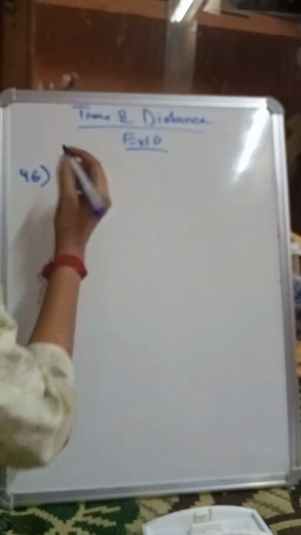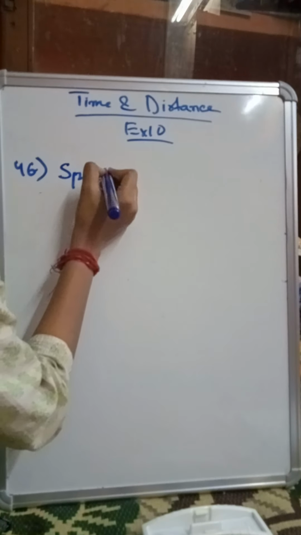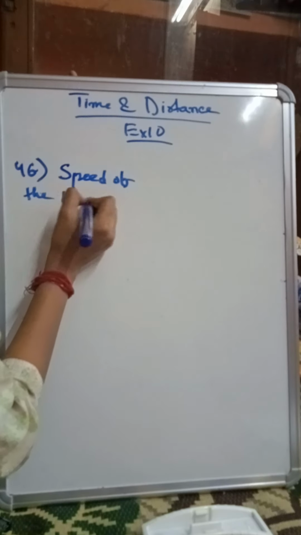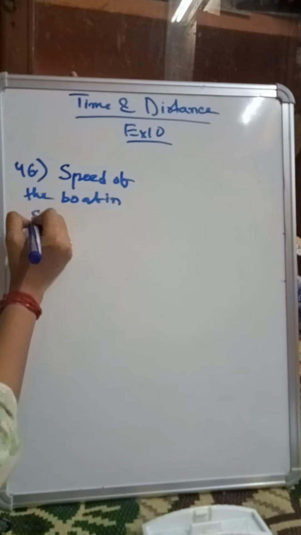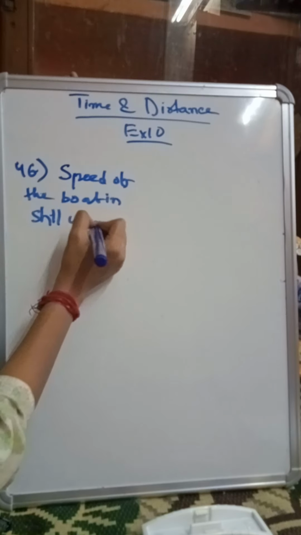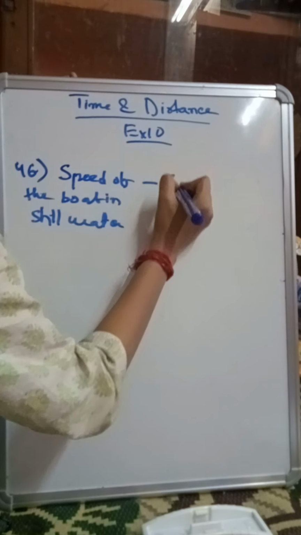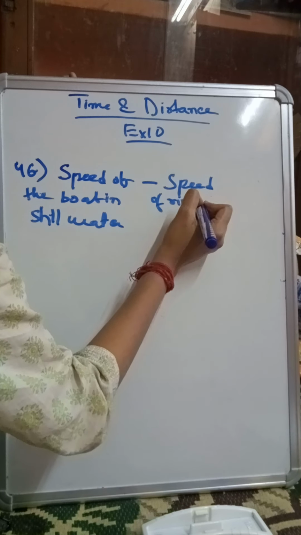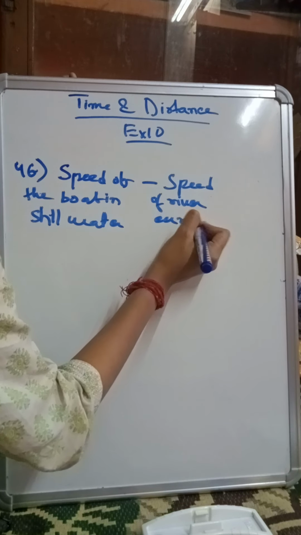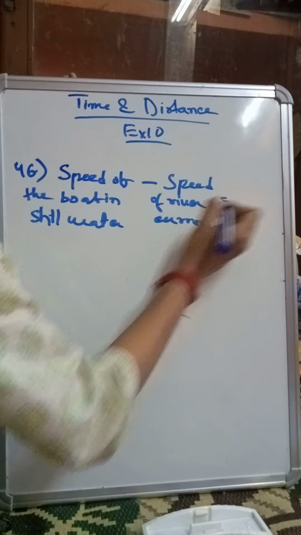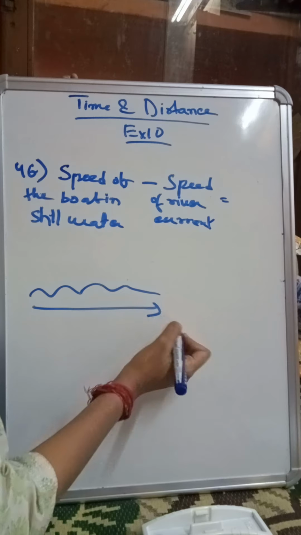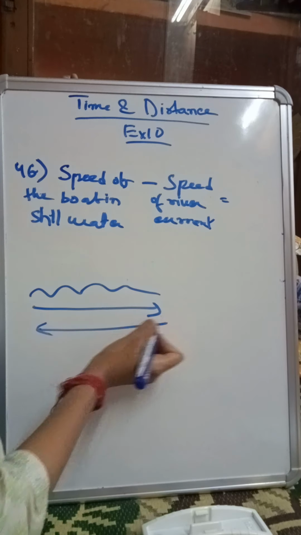So what will we write? Speed of the boat in still water minus speed of the river current. Why are we subtracting? Because if the river is flowing in this direction, from here to here, the boat is moving against it, from here to here.